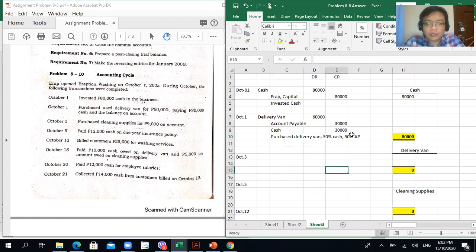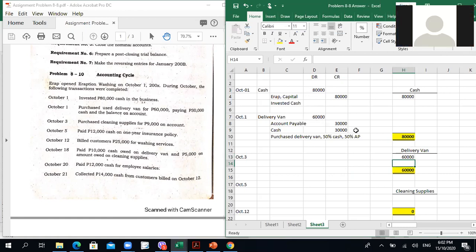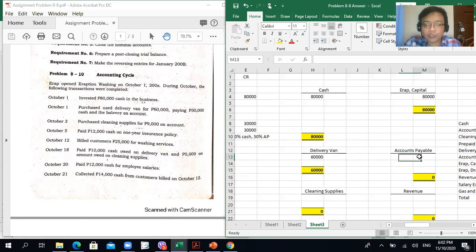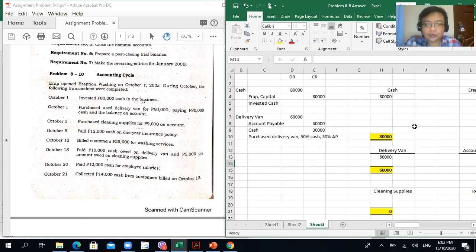If we debit delivery van, we'll put it here, delivery van. It can't be that we debit delivery van and put it on the credit side. How about accounts payable? We credit accounts payable, so we put it here. How about cash? We also credit cash here.